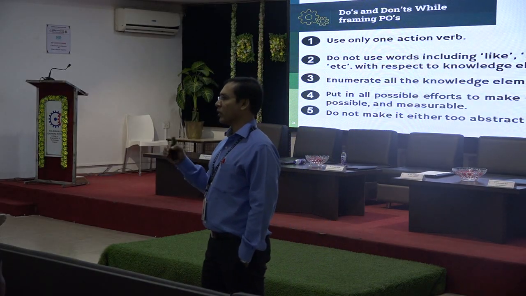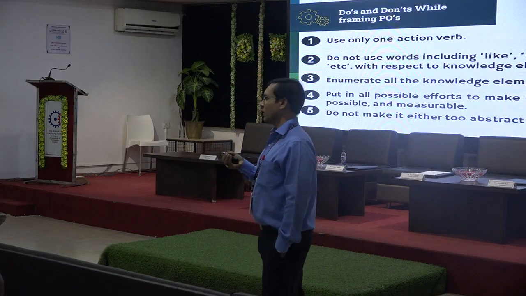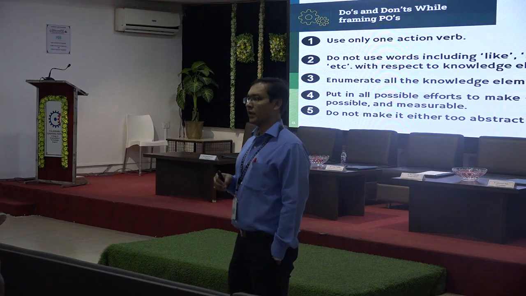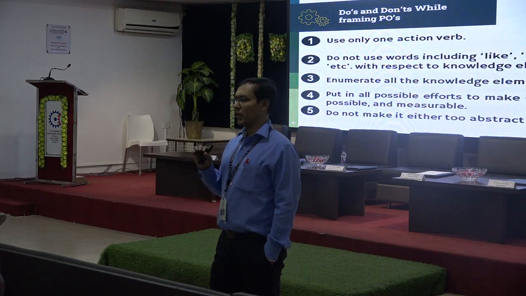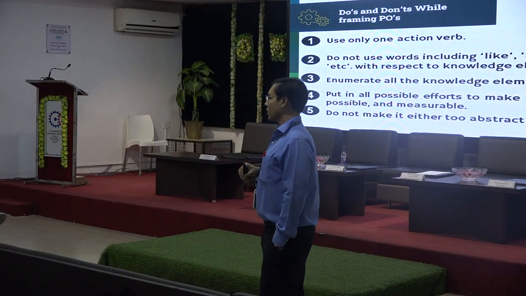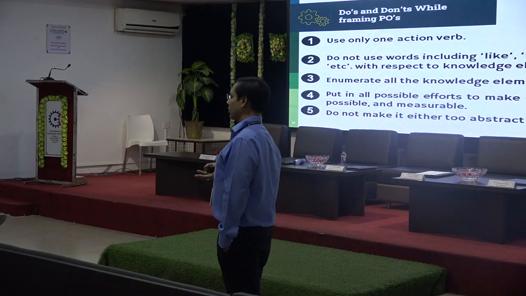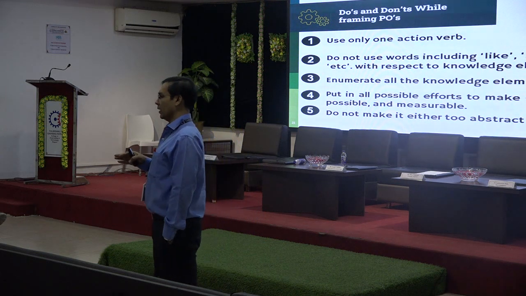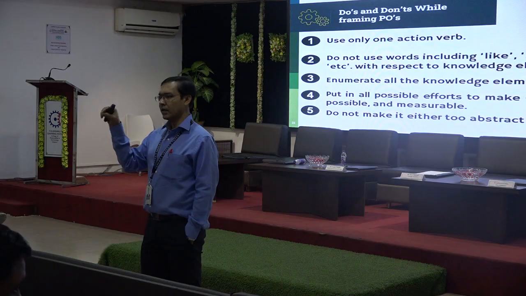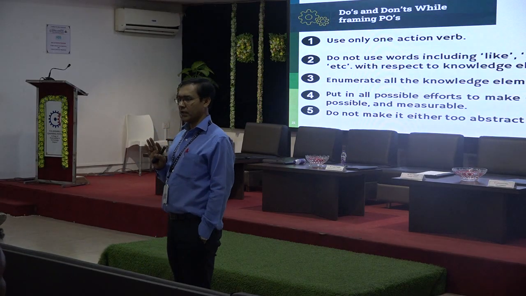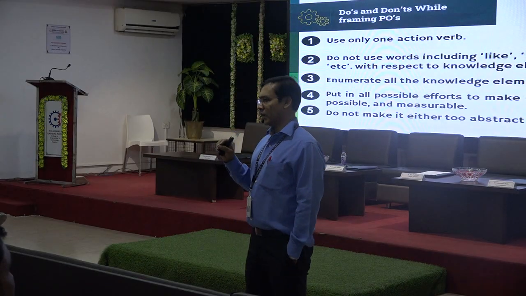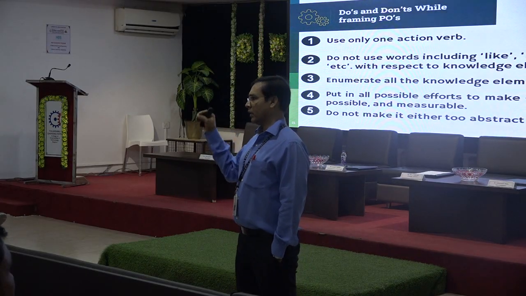If you are using more than one action verb, then you have to do the assessment also accordingly. And many times it becomes difficult for us to do the assessment in multiple levels. Multiple level means if we have set a course outcome in apply level, it is easy for us to do the assessment in apply level. But if in one statement itself we are making apply as well as analyze, let's say 2 levels we have added, right? 2 levels, apply level, analyze level or understand level, apply level.